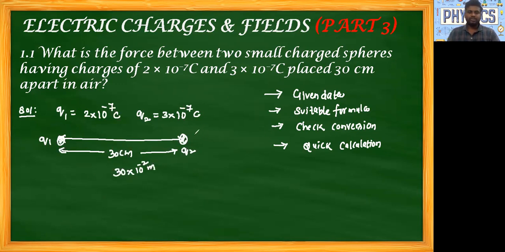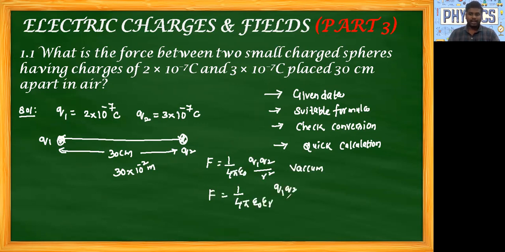Then, if you observe all these parameters, what is our formula? We know from Coulomb's law, the force between two charges is equal to 1 by 4 pi epsilon naught Q1 Q2 by R square. This is the force in vacuum. Remember, if it is a medium, this equation changes to 1 by 4 pi epsilon naught epsilon r Q1 Q2 by R square. Now this is in air, so epsilon r is equal to 1.